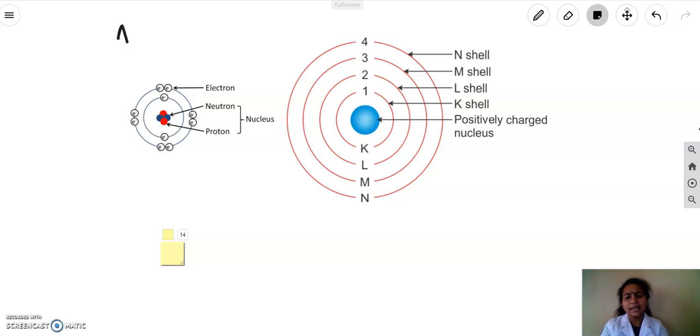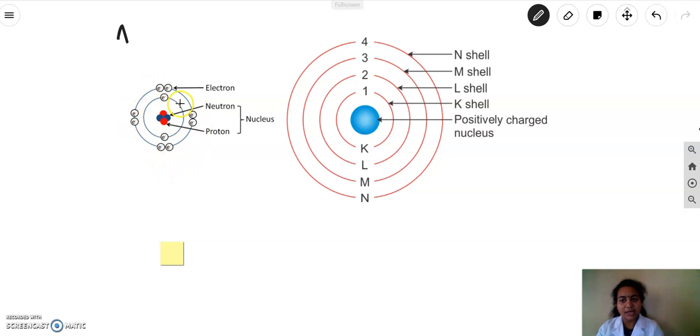We know that in Dalton's postulates, Dalton stated that atoms are indivisible in nature. But actually atoms are divisible, as we discussed. If we check the structure of the atom, in the center there is a nucleus. This nucleus consists of neutrons and protons. And electrons are revolving around the nucleus.